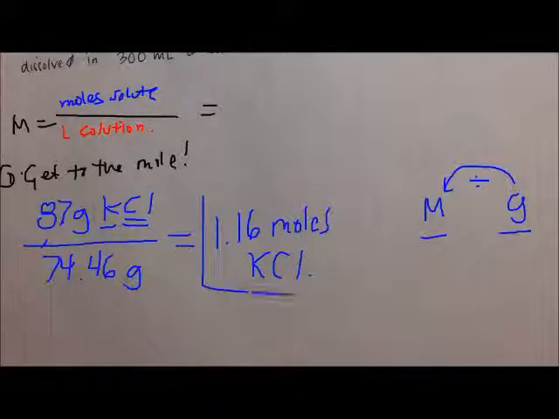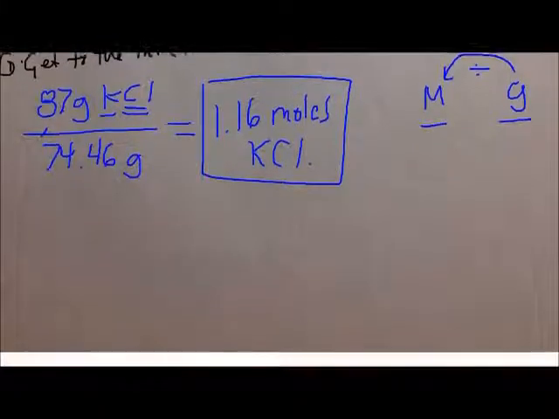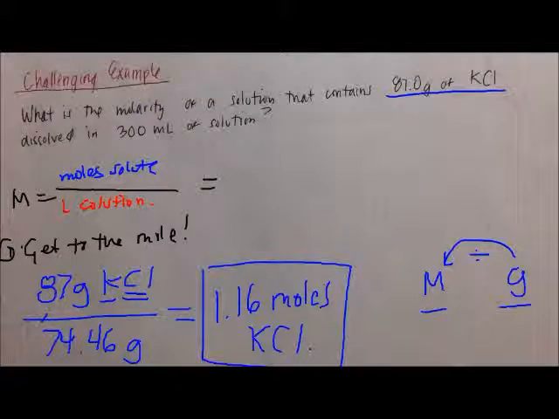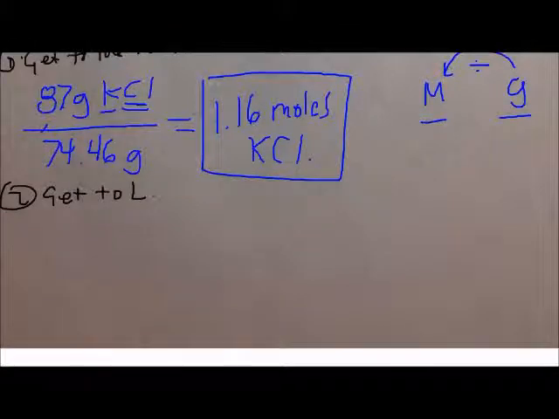With this, we have our first part of the equation. We can plug that in a little later. The second part of the equation is the get to liters part. Now in the equation we were given 300 milliliters of solution. We're given 300 milliliters, but we need liters.